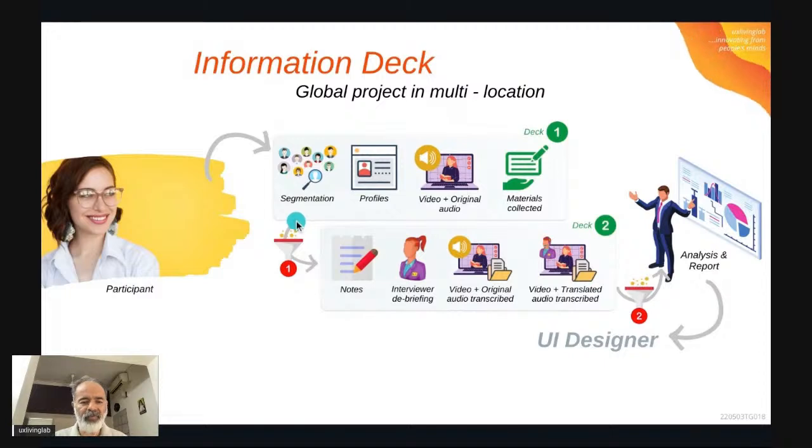The first level information, that is segmentation, profiles, video of original audio, and materials collected, will be filtered to the next level, that is notes and interviewer briefing, video and audio transcribed, and video translated, audio transcribed.